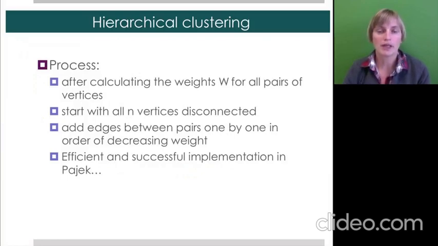Now, there is a very efficient and successful implementation of this in Pajek and some other software. To my knowledge, it's not implemented in Gephi, and I've looked a little bit at iGraph and NetworkX, and of course, these are things that you can implement yourself if you're a programmer.